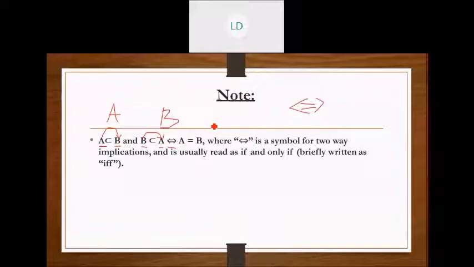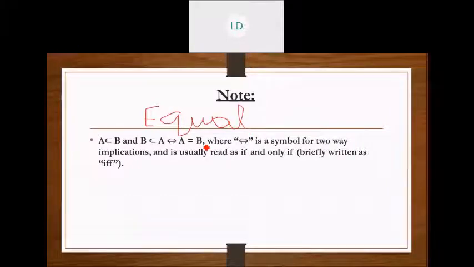Here we consider a note. A is a subset of B. Here we talk about equality of sets. Earlier we know that two sets A and B are equal when they have the same elements and the same number of elements.